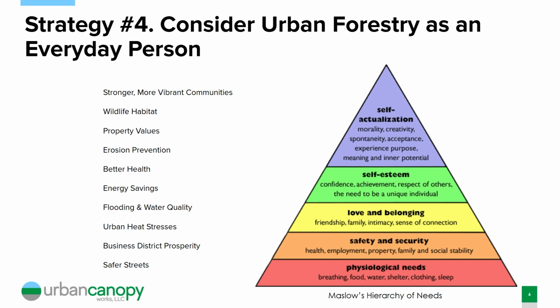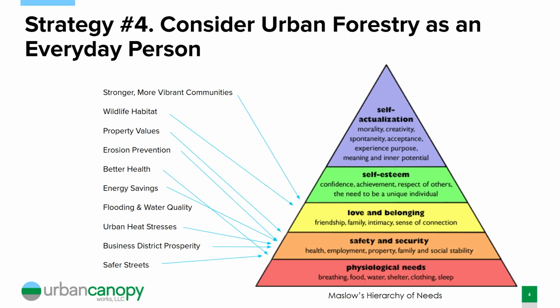Once a level is fulfilled, you move up to the next. We are so fortunate that the benefits trees provide fall in the lower rungs, which means this is important to so many of us.